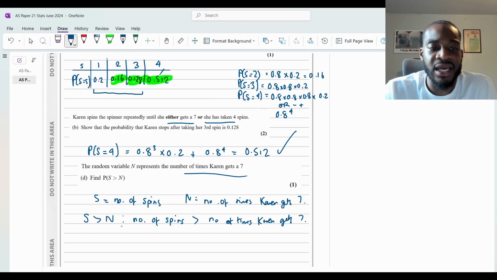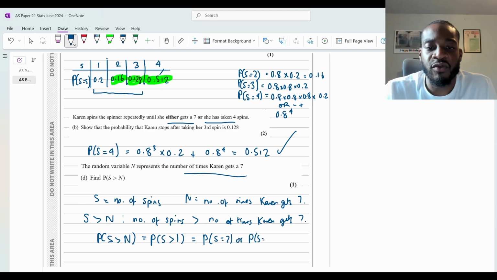So the probability of S being greater than N is the same as the probability of S being greater than 1, which is equal to the probability of S equaling 2, or the probability of S equaling 3, or the probability of S equaling 4.